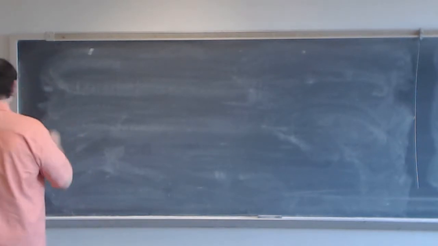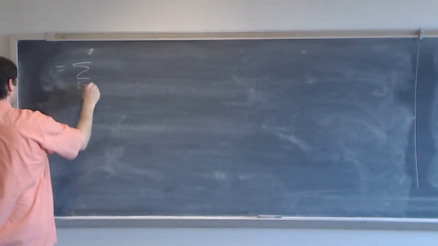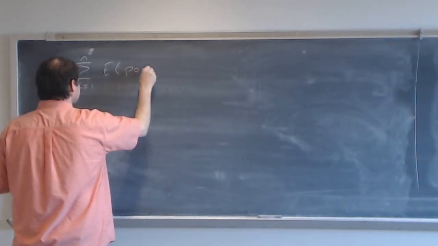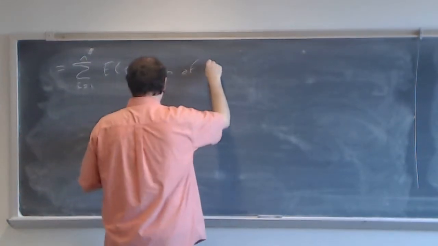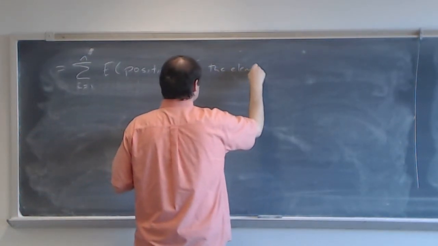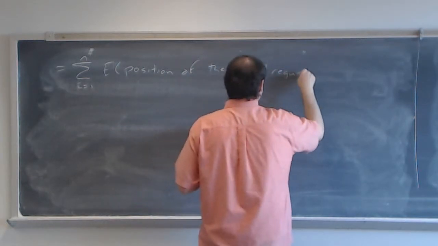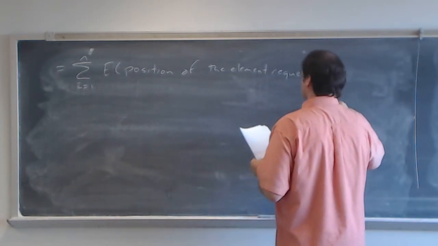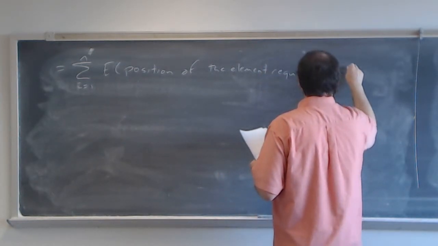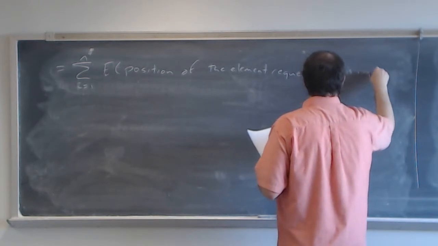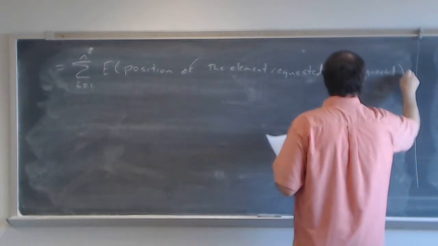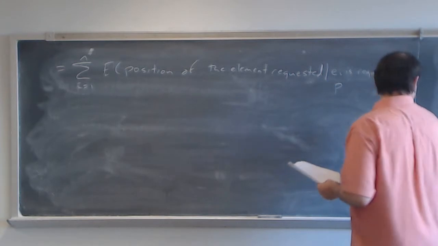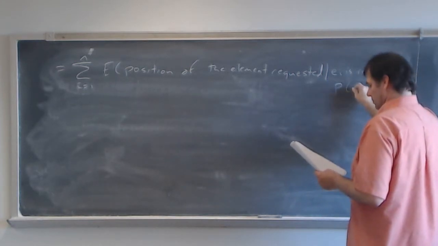So it should be the sum over I, where I goes from one to n, of the expected value of the position of the element requested given E sub I is requested, times, okay, so this would be the probability that E sub I was requested.